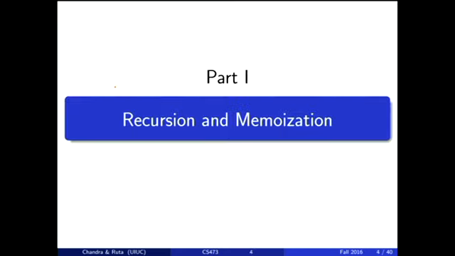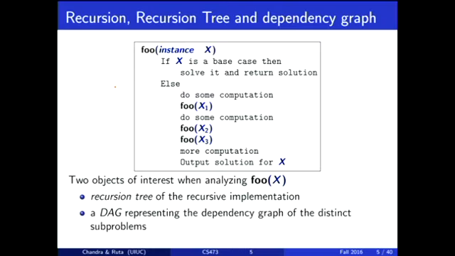Okay, some of you have seen this material before, but it's good to review. So let's take any recursive program or algorithm. It looks something like this: some foo, you start with some instance x, and if it's a base case, you solve it simply.